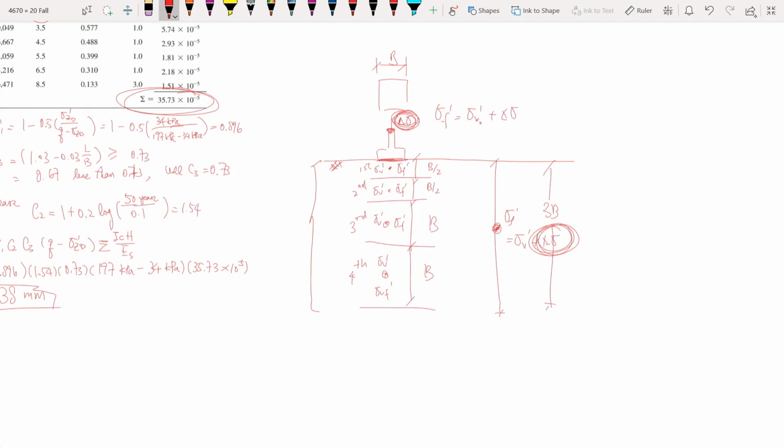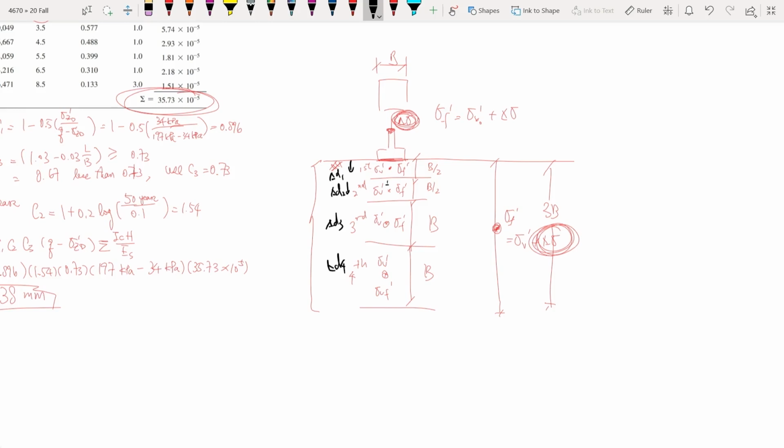So for each layer, we will do a settlement analysis. So for each layer we will know the settlement. Let's call this sigma D, so sigma D 1, 2, 3, and 4.